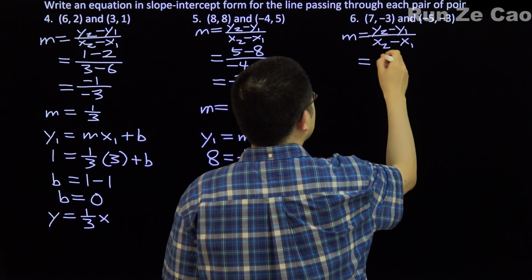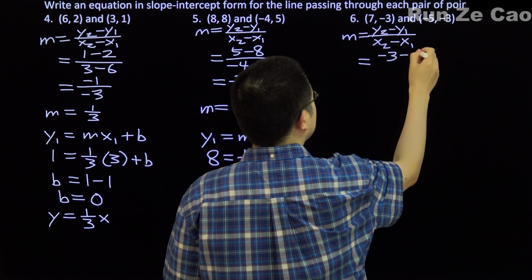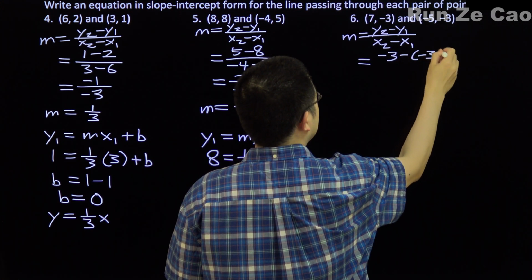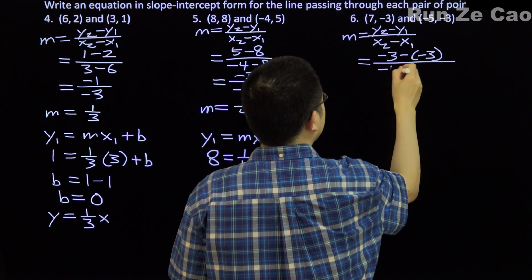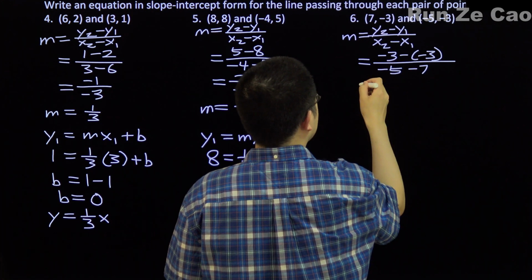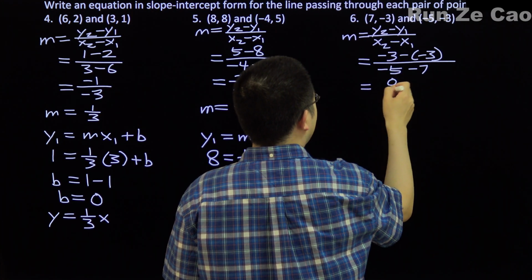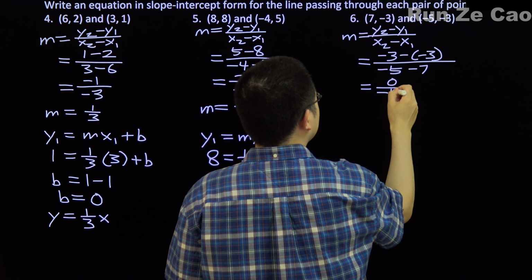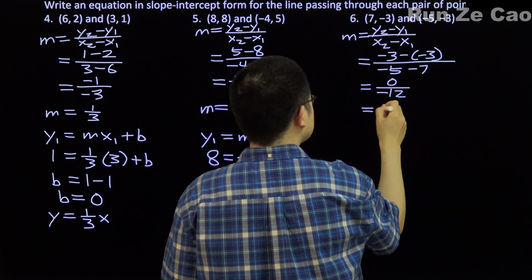So that's going to be negative 3 minus negative 3 over negative 5 minus 7. So it's equal to 0 over negative 12, which is equal to 0.